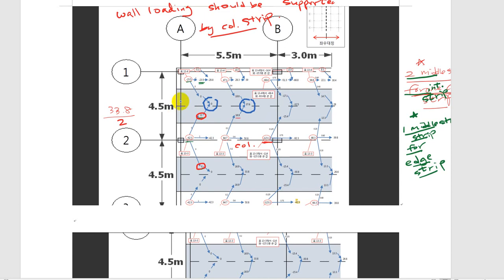And we have this moment from this column strip and this moment from this column strip, but they are now family. They add and add, and so on and so forth.